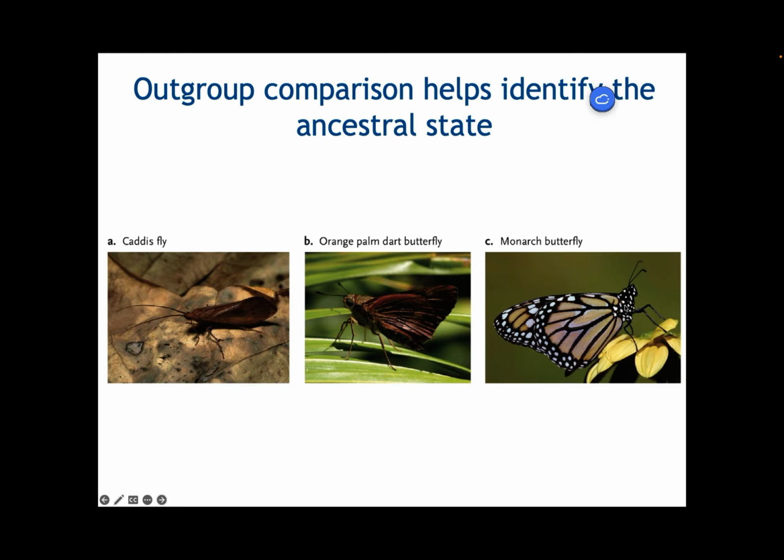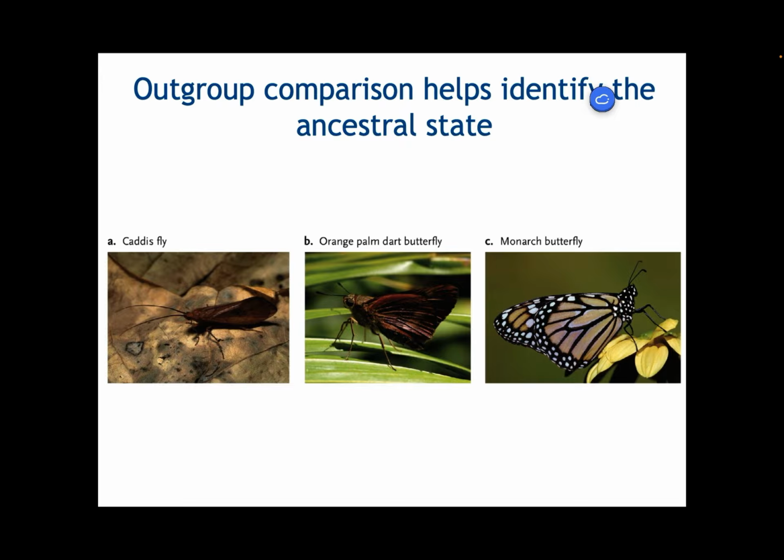And then for some reason, at some point in evolutionary time, the lineage leading to monarch butterflies transitioned from 6 legs, the ancestral state, to 4 legs, the derived state. Now, I say probably because outgroup analysis isn't 100% foolproof.